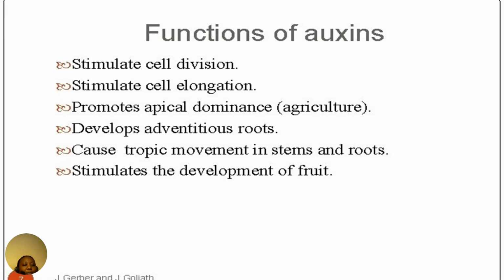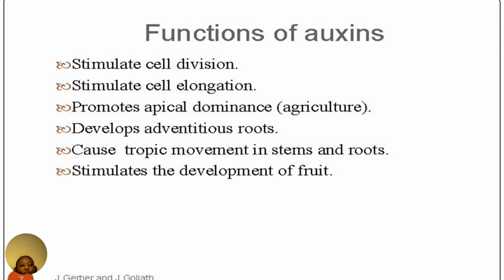So, what are the functions of auxins? They stimulate cell division. Without auxins, processes such as mitosis would not be able to occur. They stimulate cell elongation when cells are becoming long. They promote apical dominance. They develop adventitious roots.